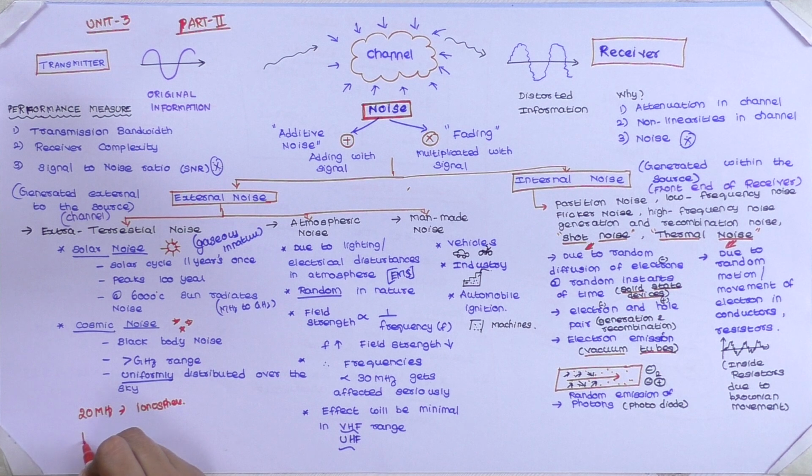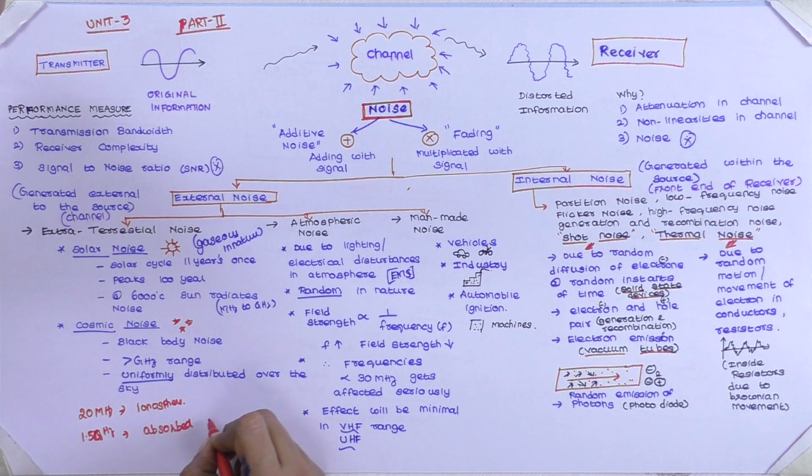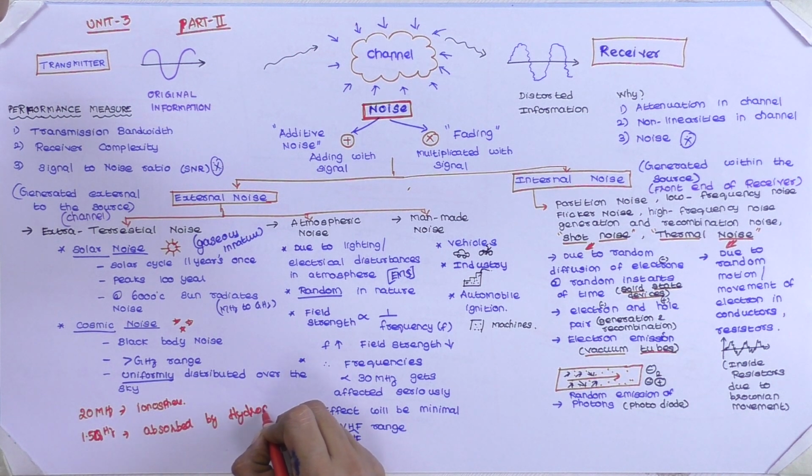Above 1.5 gigahertz, the noise will be absorbed by hydrogen in the interstellar space, the presence of hydrogen in interstellar space limiting the noise we observe to the 1.5 gigahertz range.